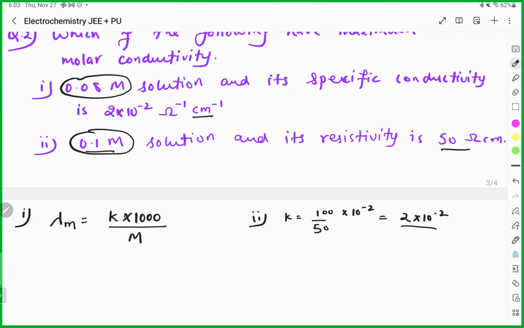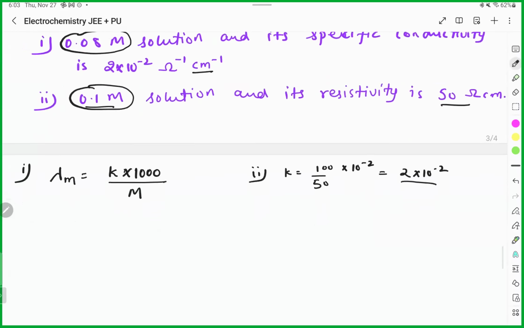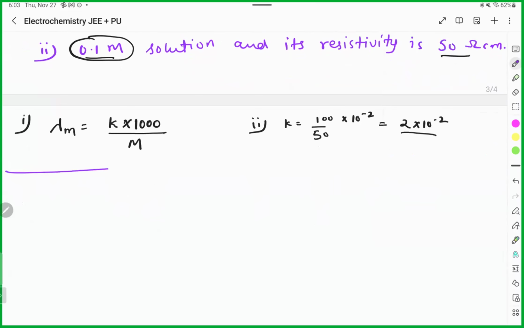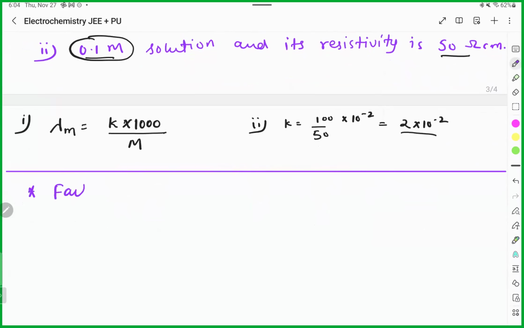So we are done with the question of this part. What are the factors that affect the electrolytic conductance? The temperature. Temperature, correct? How? Sir, when we increase the temperature, more dissociation occurs for weak electrolytes. Correct?